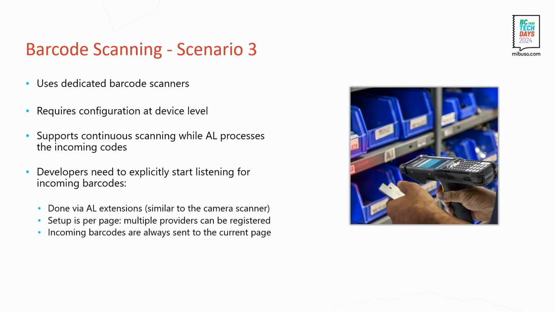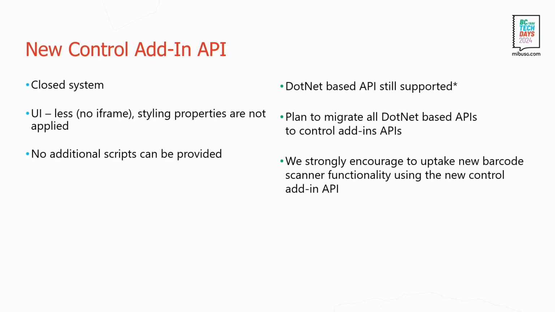Next one. Okay, so now probably you've seen for a few ones already that implemented the barcode scanning functionality last year. We initially added the functionality using the client accessibility add-ins that maybe you're used to. And the way they used to be implemented was via the .NET namespace and so on.